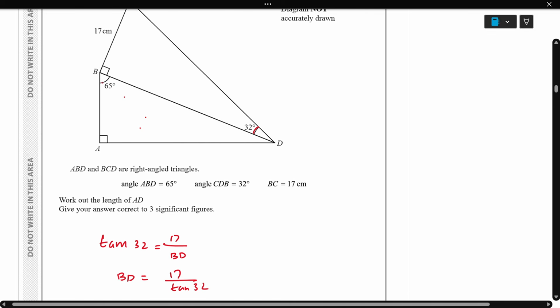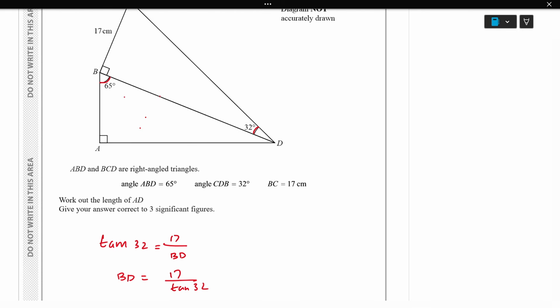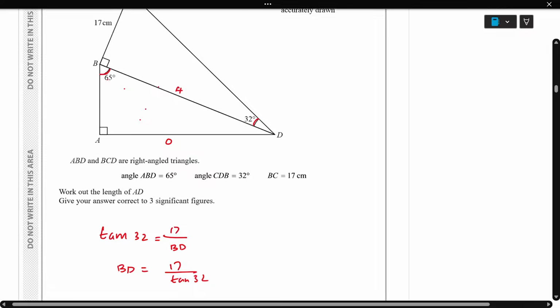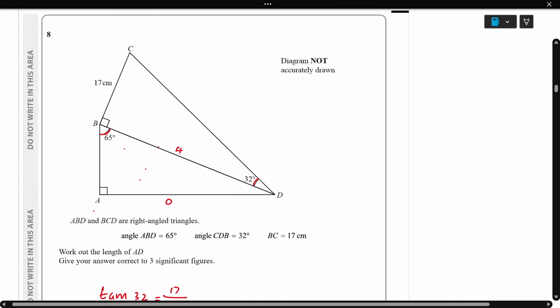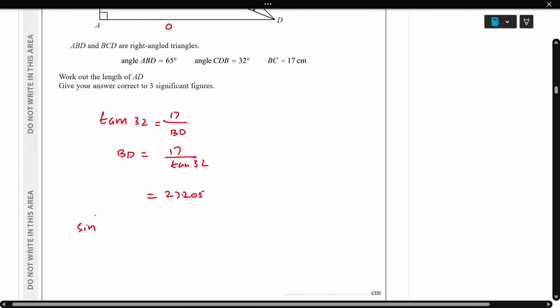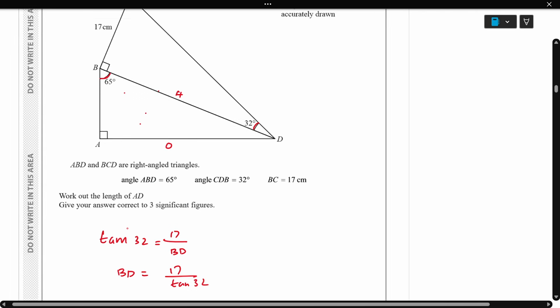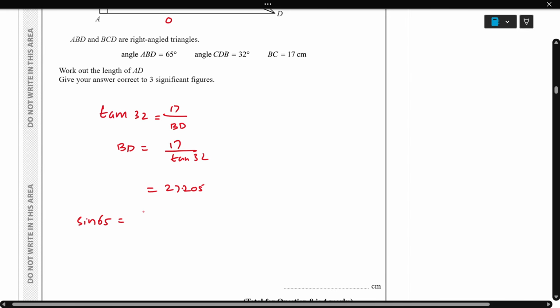So here 65 is given, so we need to find AD, and BD is going to be the hypotenuse. This is the hypotenuse, this is the opposite. The angle is D because opposite and hypotenuse are involved in a sine ratio. So sine 65 equal to opposite, which is AD, over BD.